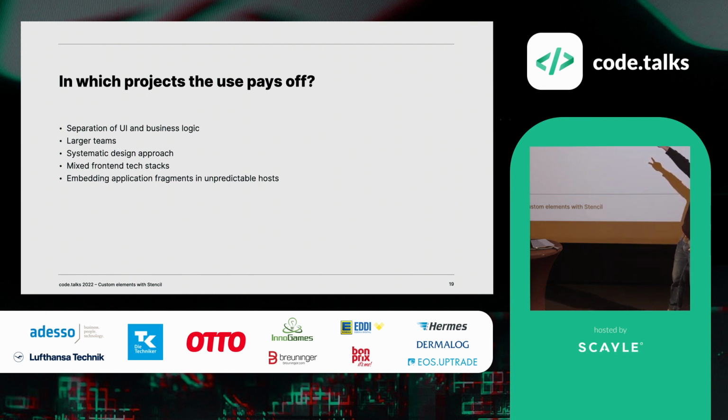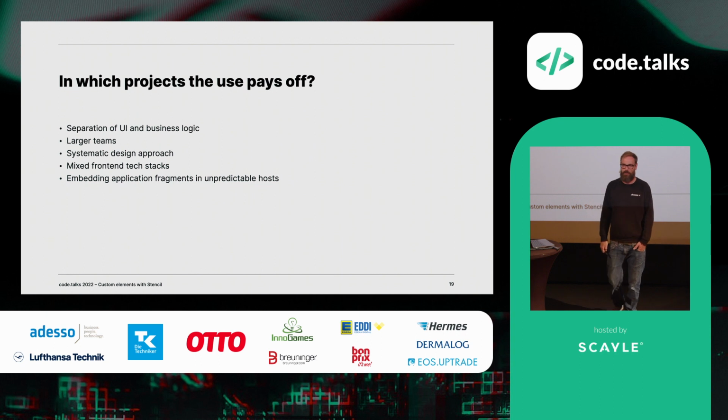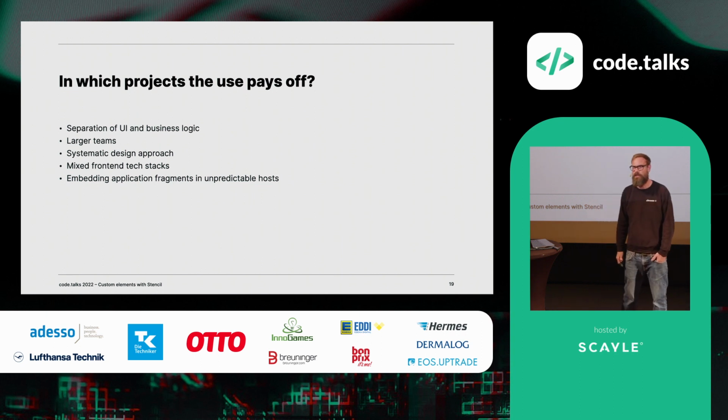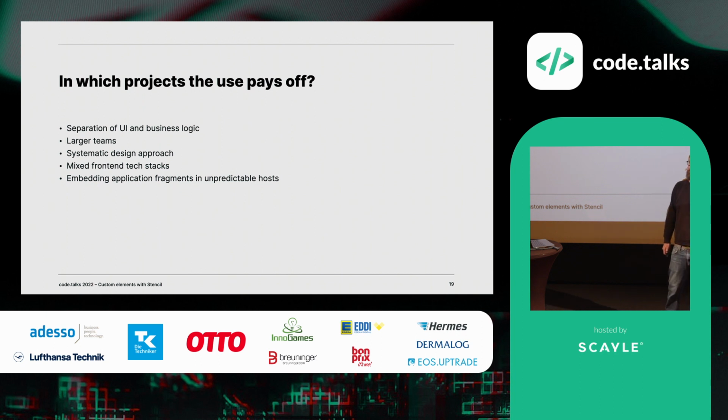One more point I wrote down in here: systematic design approach. We at Chroma Experience are working a lot in the field of design systems, or as we call it, systematic design approaches. And in this field, where you try to create a design solution without knowing each and every use case beforehand, it also makes a lot of sense to just concentrate on components and composition of multiple components and how this is working in a very systematic way without really building some kind of application.